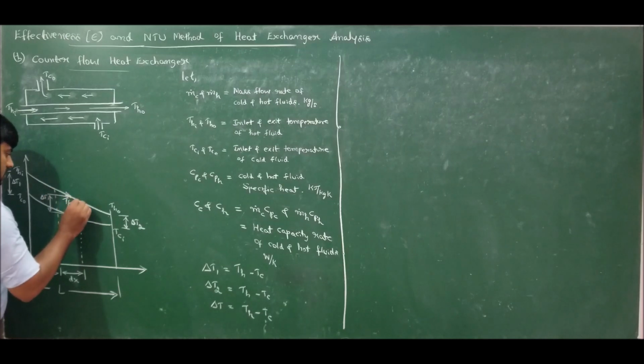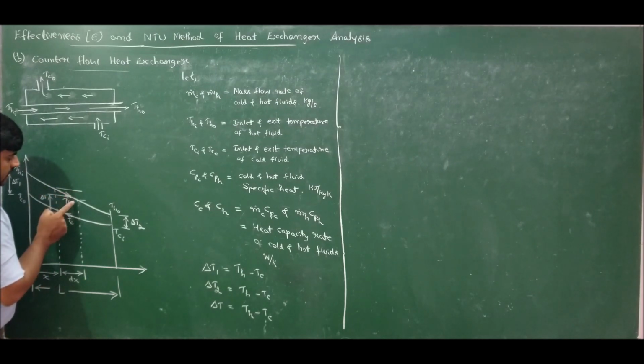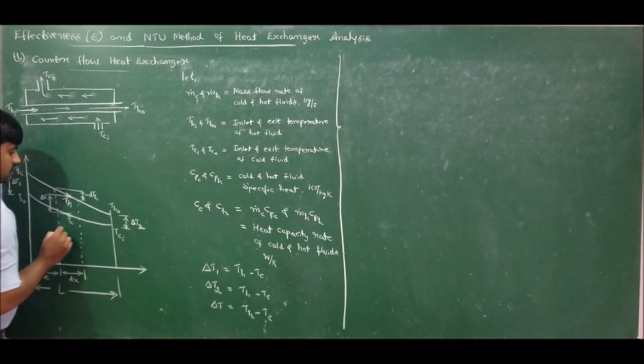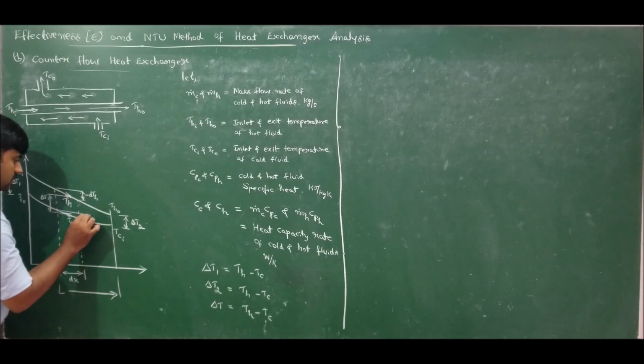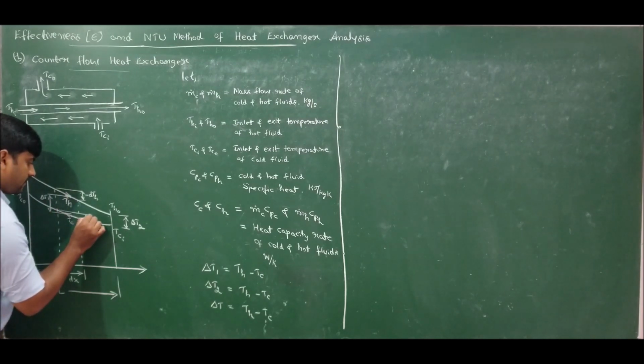Now if I write the temperature difference in the elemental length for hot and cold fluids, from left to right, if I take the difference out minus in, THO is less than THI, so the temperature difference will be negative, minus dTH. Similarly here, this is less than this, so this is again minus dTC.